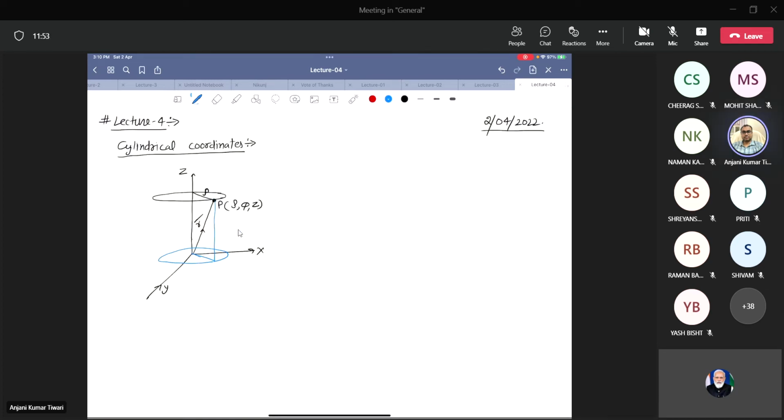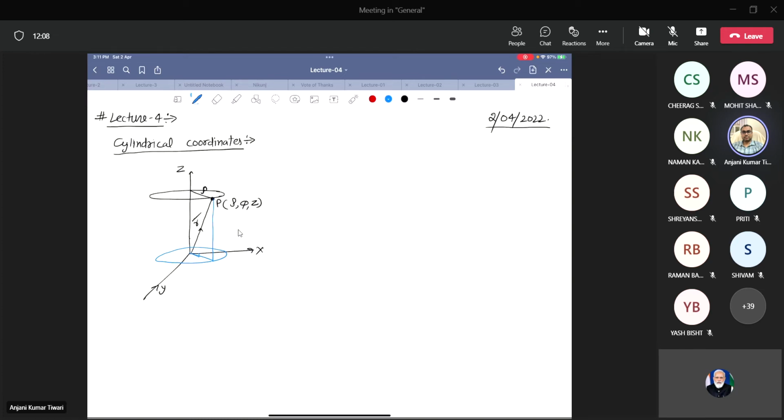So this was vector r, and its tip was point P, with coordinates rho, phi, z. I can identify this point by rho, which is the radius of the cylinder. Phi is the angle that it makes from the x-axis. So this is phi, and z is the height.